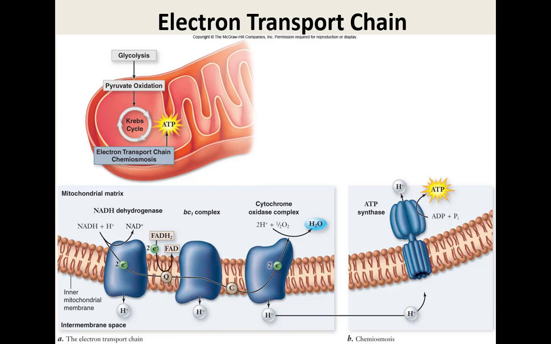Prokaryotic cells don't have a mitochondria though, but they still can do this and they're still going to make a lot of ATP. So in prokaryotic cells, this happens on the cell membrane, that outer cell membrane, which is still phospholipid bilayer.